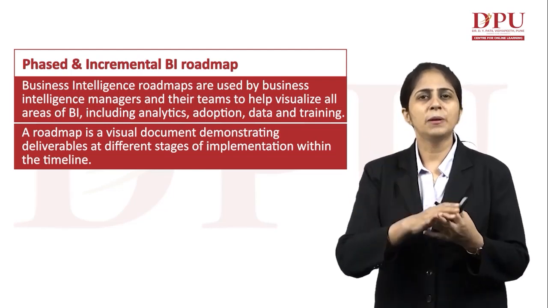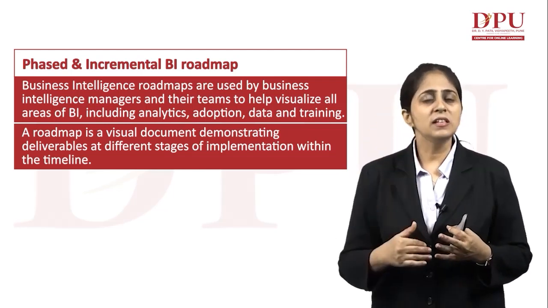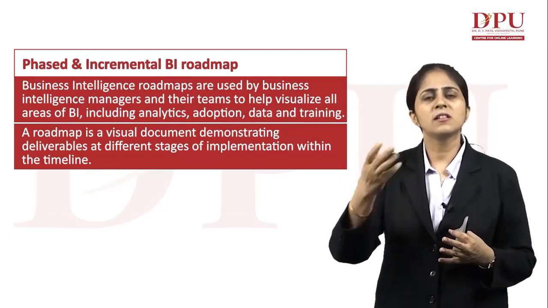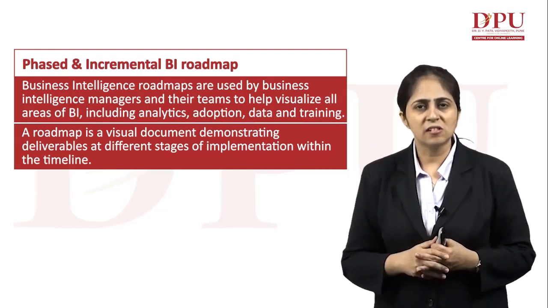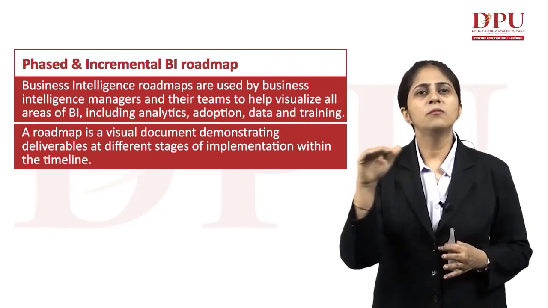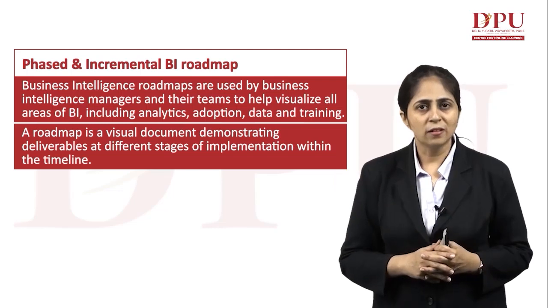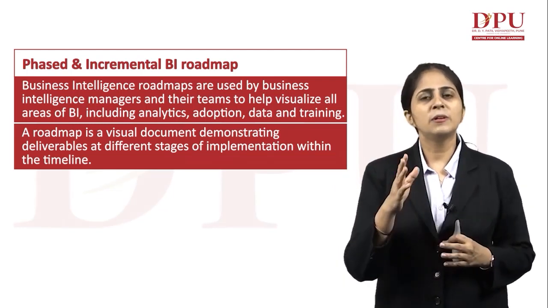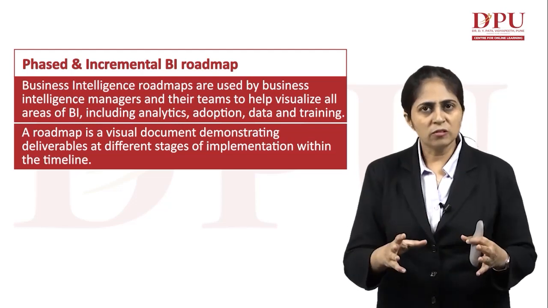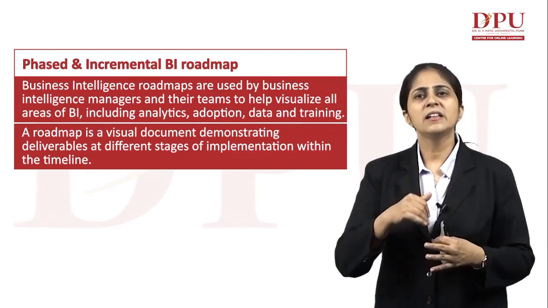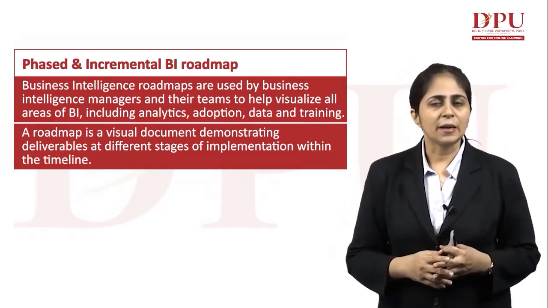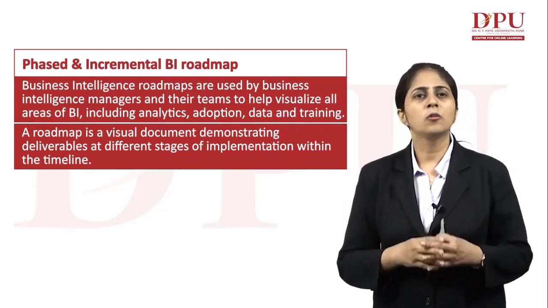After the implementation, we have to demonstrate all the deliverables which we are receiving from different stages of our data. So for that purpose, we can design a visual document. That visual document will be known as a business intelligence roadmap that will demonstrate the deliverables at different stages of implementation within the timeline. That is what a roadmap is.